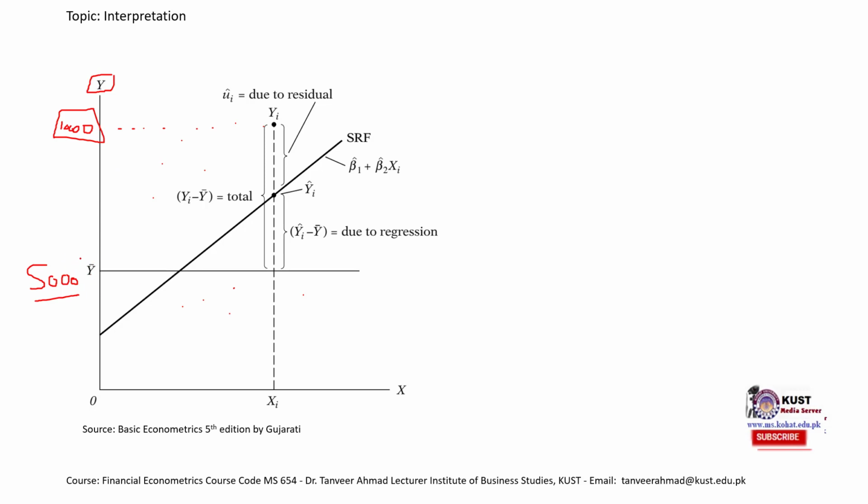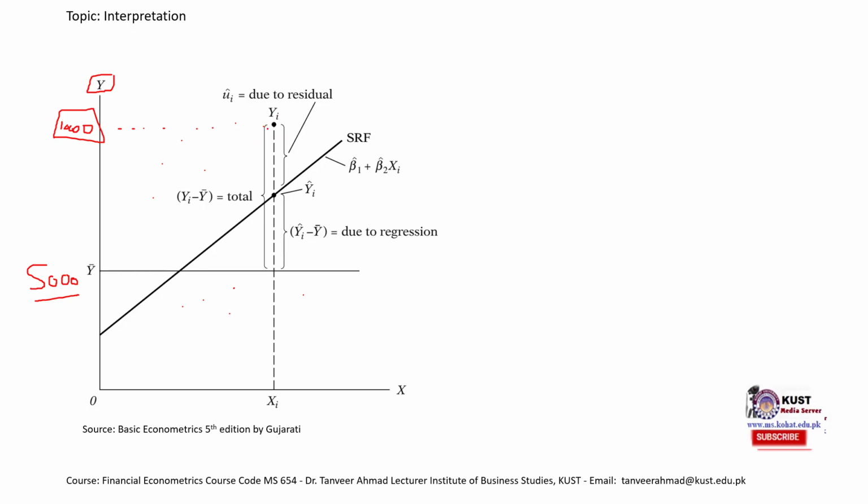So why do we run regression? Besides the other reasons, one of the reasons is to find out the factors that would explain this variation in salary, or this variation in our dependent variable.